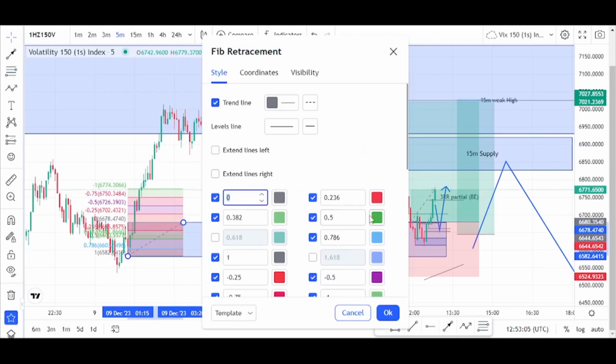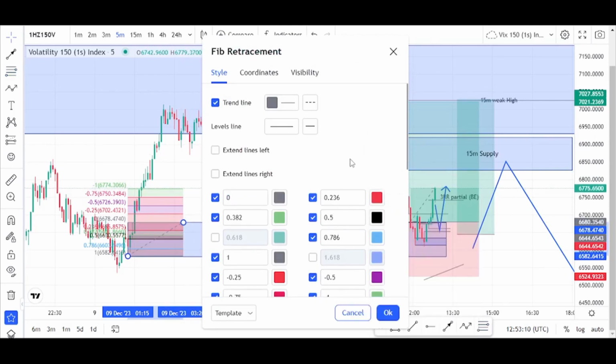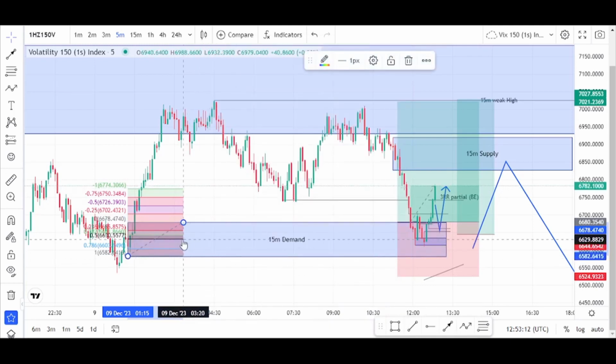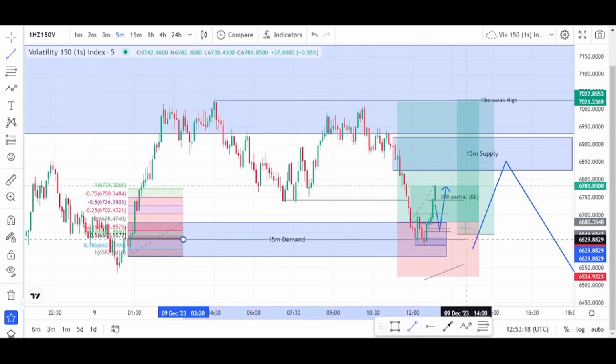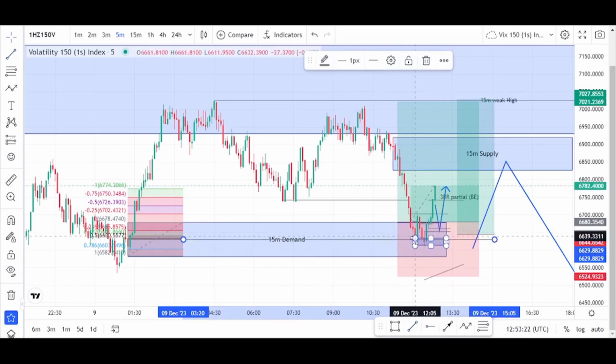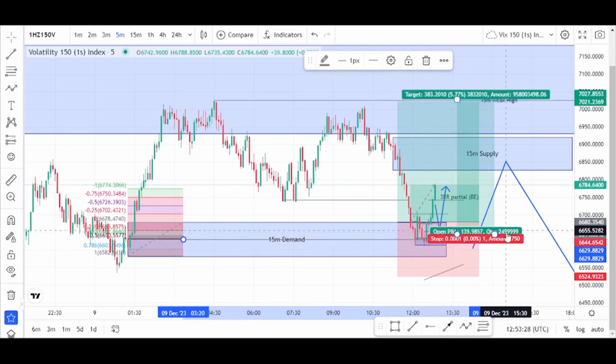Let's make this one black so that we can see it from the others. So 50% of that demand zone is here. The closing price of those candles reacted around 50% of that demand zone.